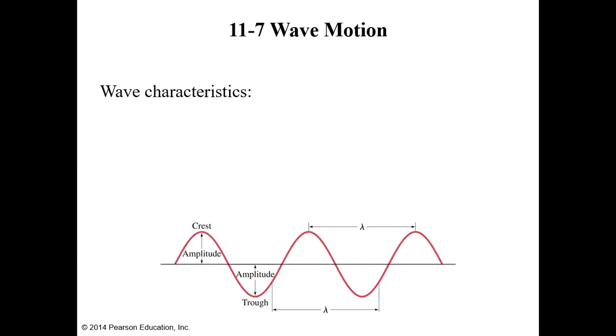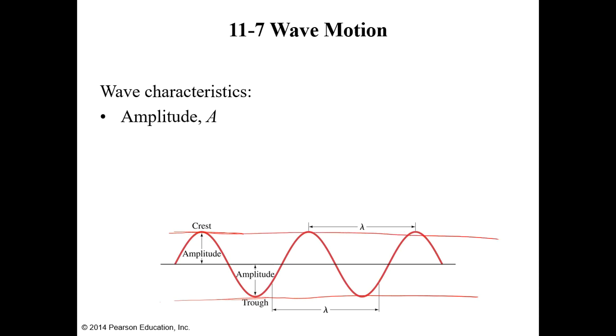Now, let's talk about the wave itself. Here we have a continuous wave. We're going to define a few parts of the wave. First of all, there's the amplitude. The amplitude would be the maximum displacement. So, any point along here, this would be your amplitude, the maximum displacement. Okay?